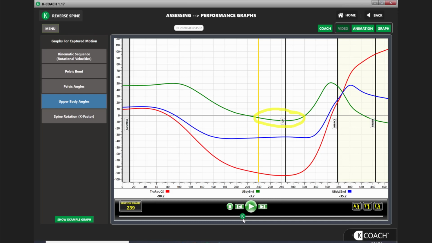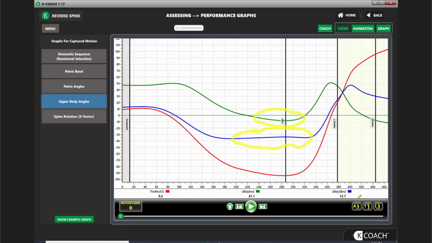Now, sometimes when players rotate more than 90 degrees, they go into more extension than they would be at 90 degrees. But just remember, you only want to go into more rotation if you're able to keep your stability with the upper body bend and side bend. So in this particular case, not only did I see this player lose their stability with bend going into extension, but I also see this player losing side bend at the top.